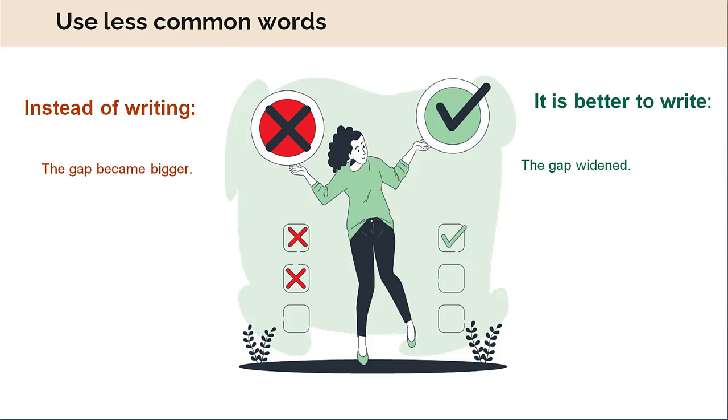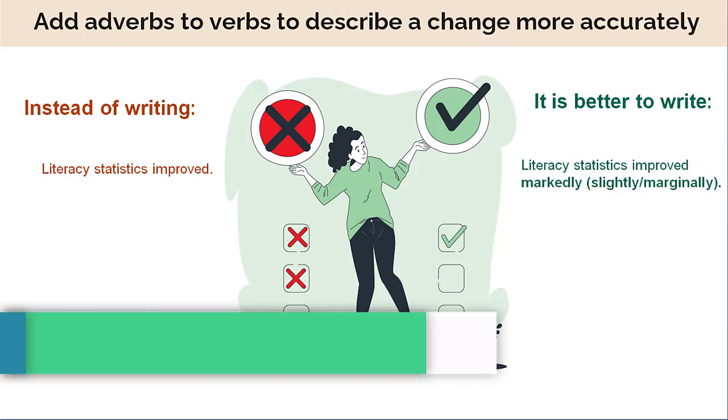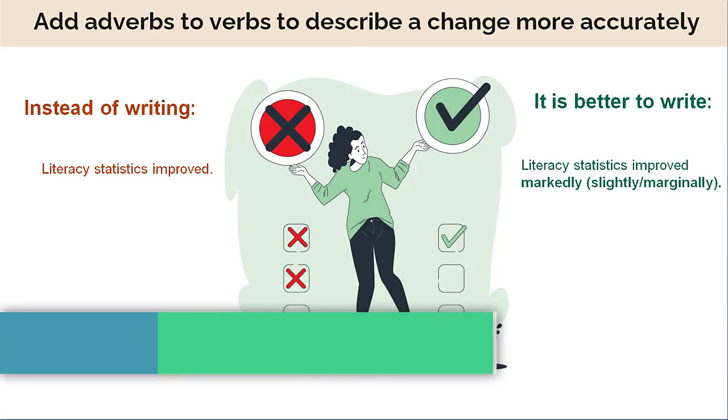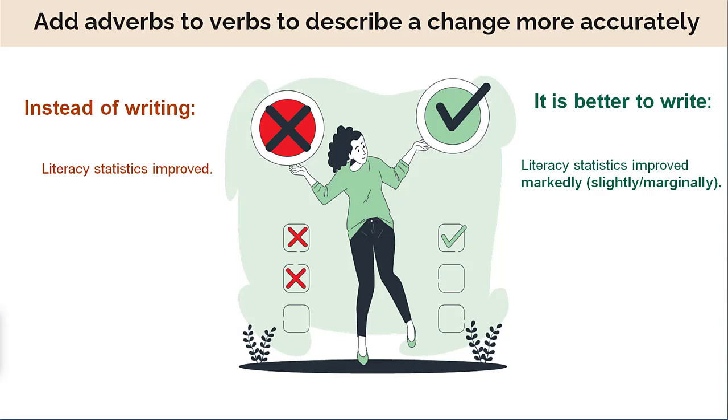Another example of less common vocabulary: here we have a very common adjective, the gap became bigger. The gap widened would be a better alternative. Moreover, to show your command of the language, it's also a good idea to add adverbs to your verbs when you describe changes.